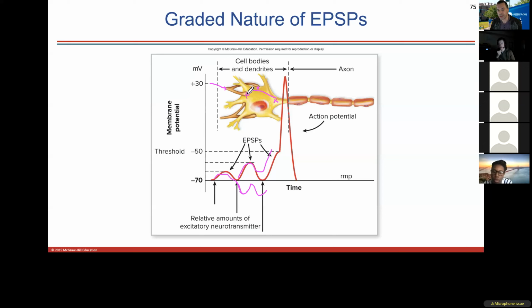So I have sodium rushing in here and more sodium rushing in here, and that sodium adds up. So that allows the wave of electricity to keep traveling. The bigger the stone, the longer that travels. The more sodium coming in, the greater that wave can travel.